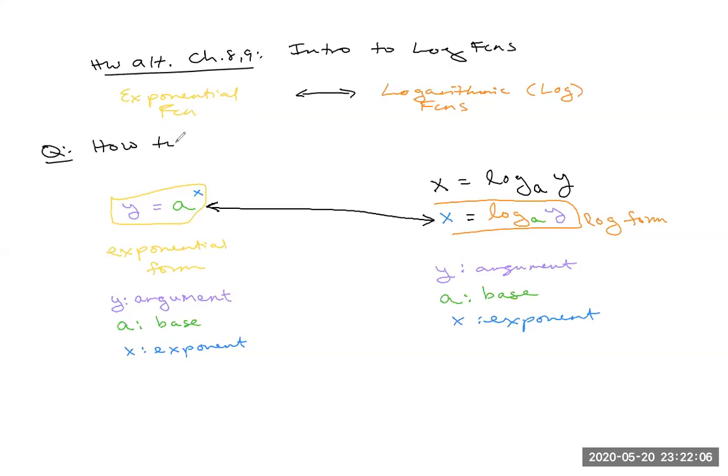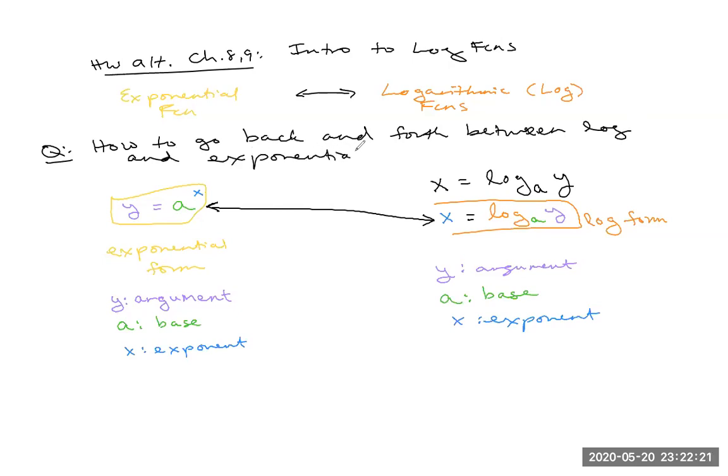How to go back and forth between log and exponential form. And this is how. So let's just look at a quick example before it gets too much more confusing.